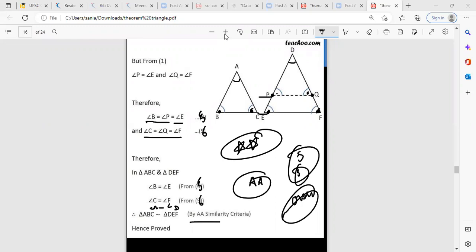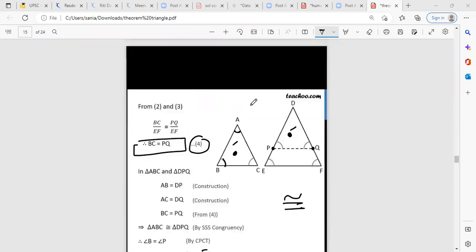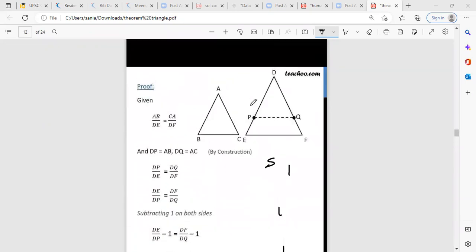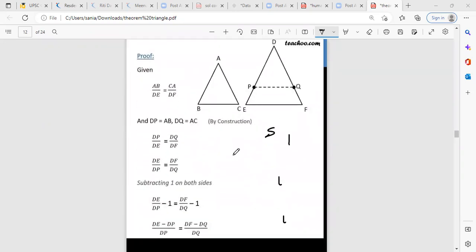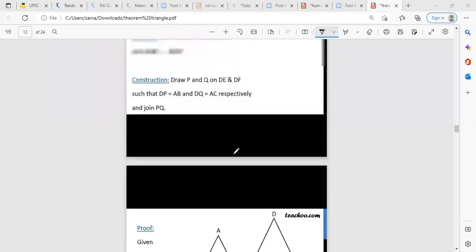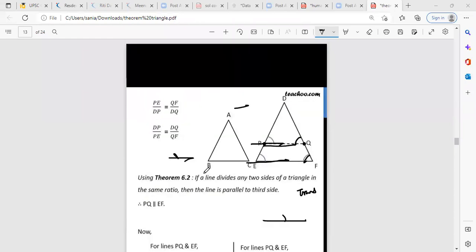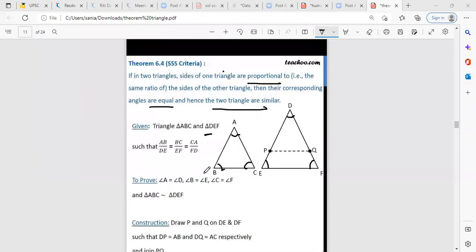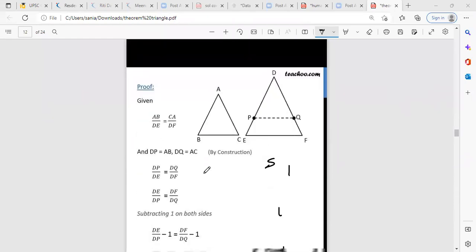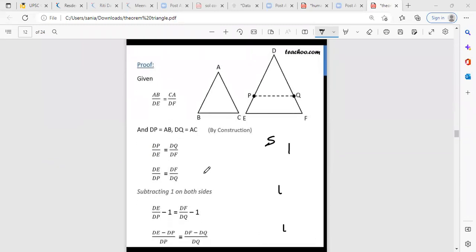Teacher, I have a doubt. Yes, Robin. On the first page, the next one. Here, DP by DE is equal to DQ by DF, and the one below it.